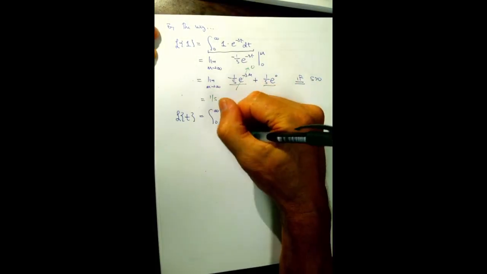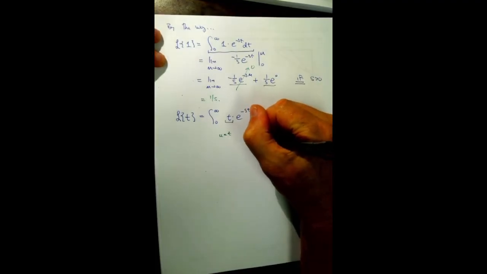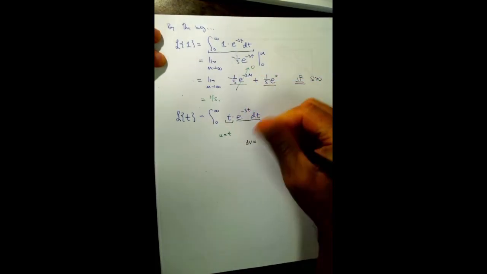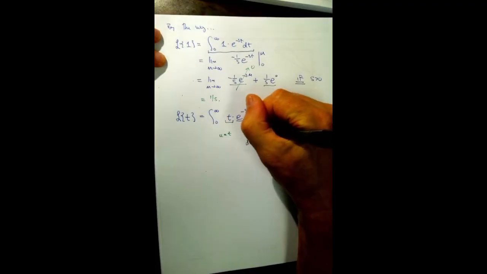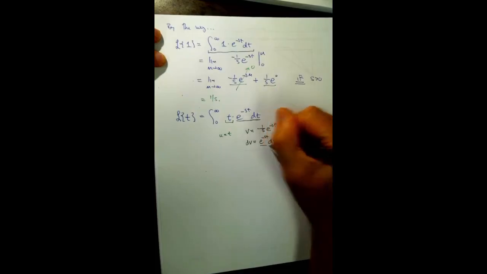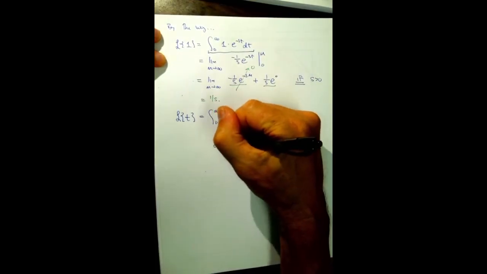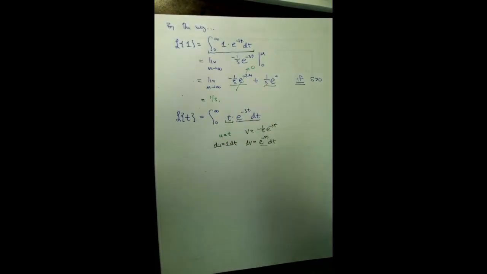So let's make our first guess: u is equal to t. Once you make that decision, everything else is set. My dv is whatever's left, and that's going to define my v, which is going to be minus 1 over s e to the minus st. It's the antiderivative of this, and my derivative of t is 1, which gives me this.